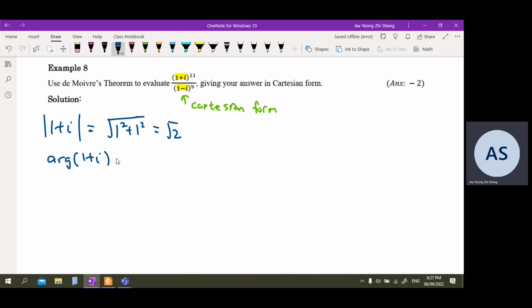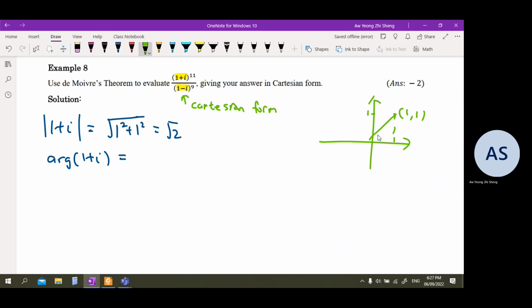Argument of 1 plus I, if you visualize the Argand diagram, the point 1, 1 is in the first quadrant. So we just take the basic angle itself as the argument. So it's inverse tangent of 1 over 1. That gives me pi over 4. A basic angle is inverse tangent of modulus y over x.